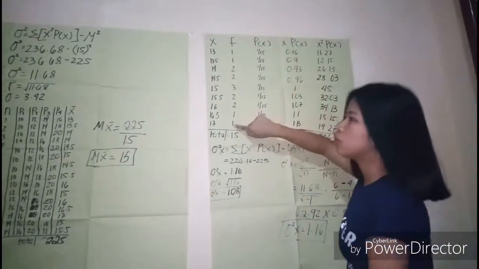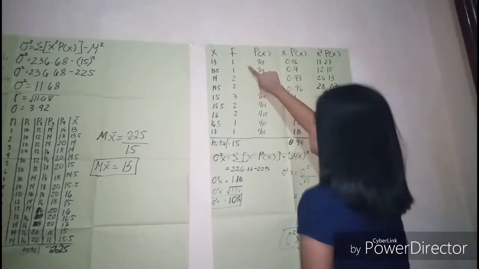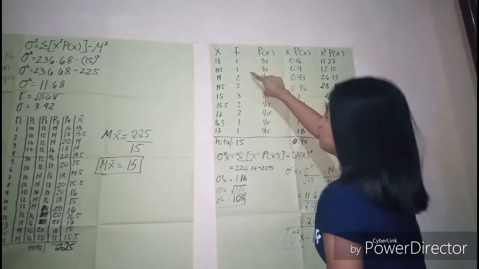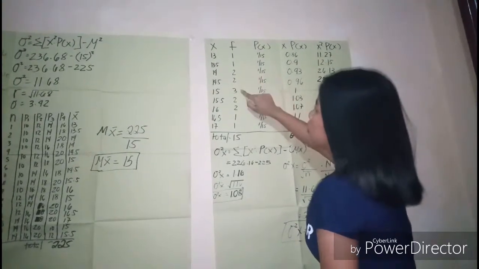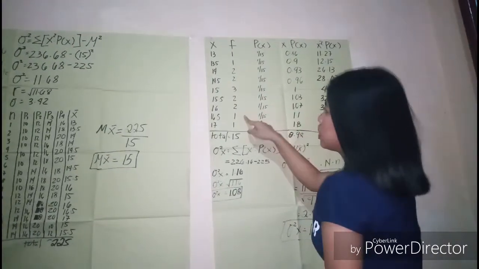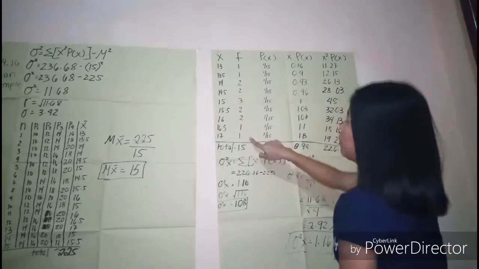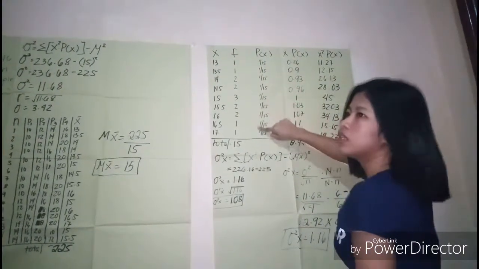Yung frequency, kung ilan yung naulit dito sa sample size natin. Yung 13 is 1, 13.5 is 1, 14 is 2, 14.5, 2, 15 is 3, 15.5, 2, 16 is 2, 16.5 is 1, 17, 1. Yung P of X natin, automatic na, nandito na yung 1.